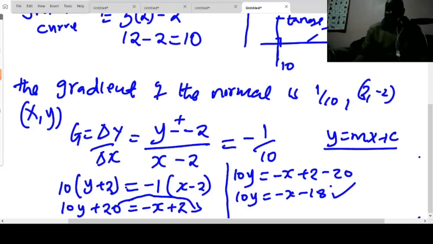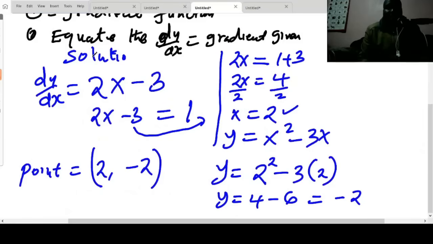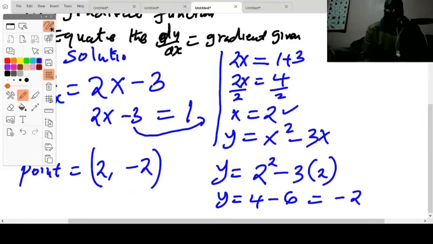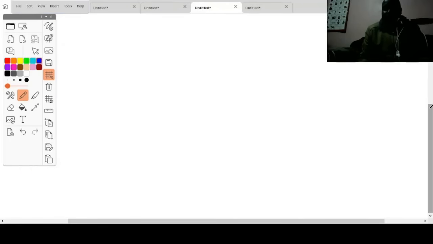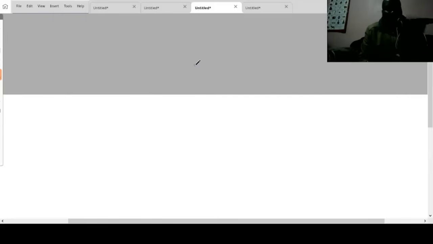Now let us move ahead and do another example that might challenge you. There is one example I'm going to do here that might be a challenge, but I want to remove that fear right away. And this is the question I want to do.